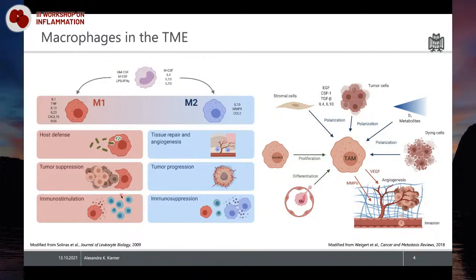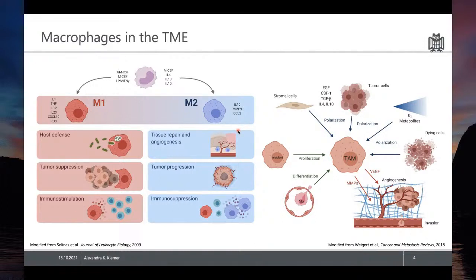Such an aggressive macrophage is also suggested to be able to fight against cancer, to have tumor-suppressive functions, and also to interact with other components of the immune system, to be immunostimulatory, so to help fight infections, but also, of course, help fight tumors by interacting with other parts of the immune system.